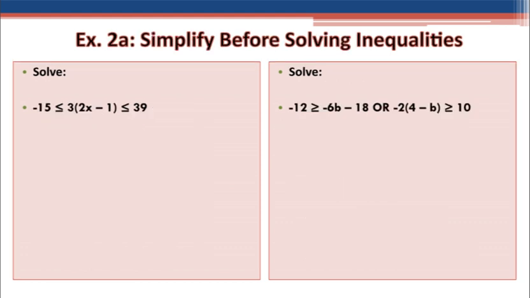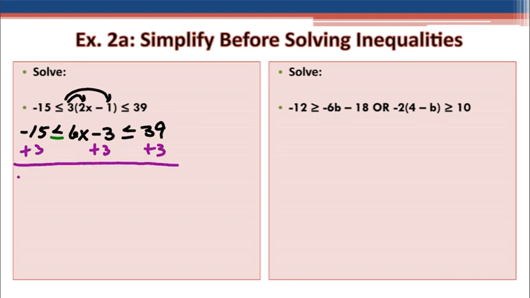The second type of problem, we need to simplify before solving the inequalities. In this first one, we need to distribute. So distribute the 3. I'll have -15 is less than or equal to 6x minus 3, which is less than or equal to 39. From this point, to get 6x by itself, I add 3 to the inside and to the outside.